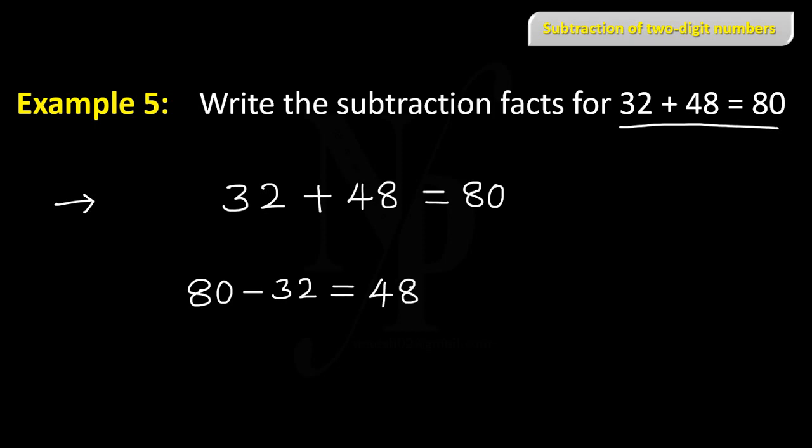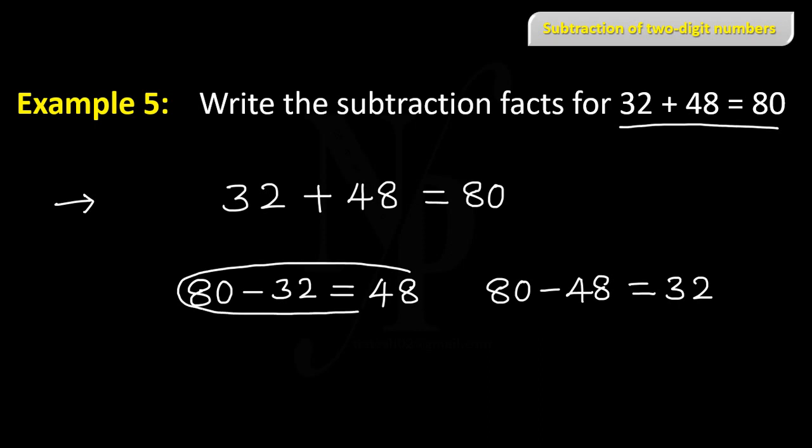This is one subtraction fact. And also if you subtract 48 from 80, you will get 32 as the difference. So these two are the subtraction facts of the given addition fact.